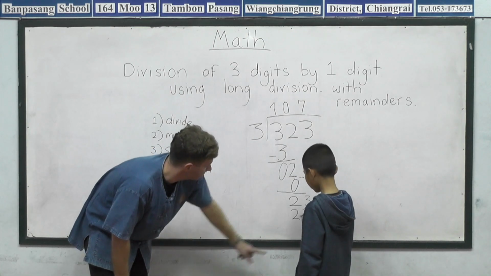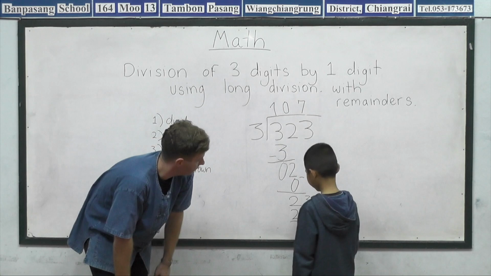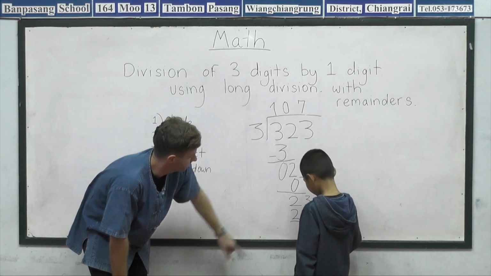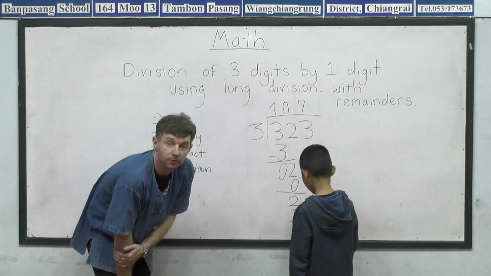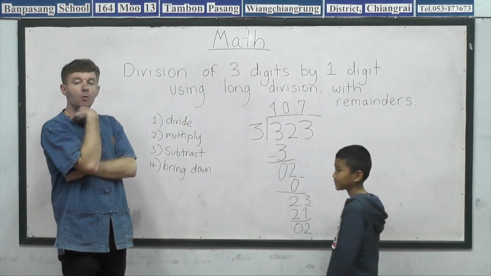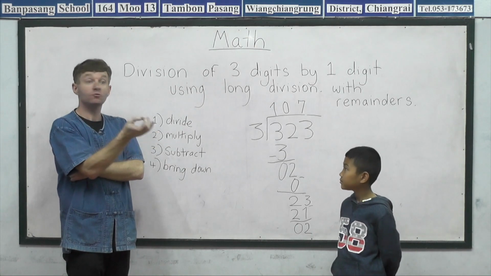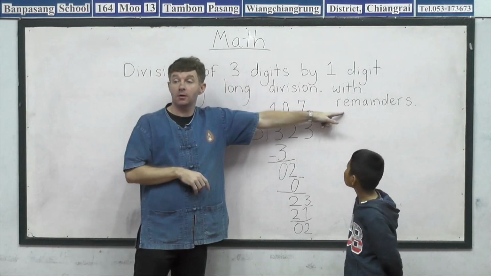So, 3 minus 1 equals 2. 2 minus 2 equals 0. Okay, so what number are we left with? We're left with 2, so 2 becomes our remainder.